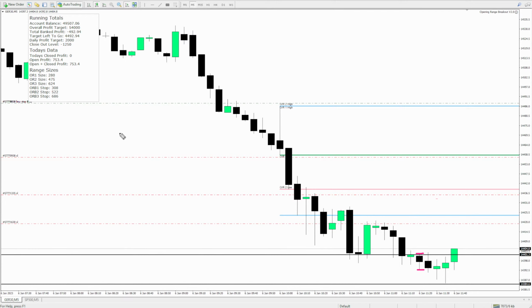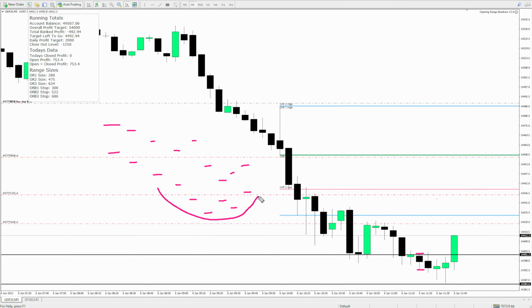So market structure: you get a lower high, a lower low, a lower high, a lower low, and you keep going lower highs and lower lows. You might get a higher high and a lower low, and then a lower high and a lower low. It's all still bearish. But when you start to get inside bars form, and then the next candles start to form like that, and then like that, we're turning. Now look at it.